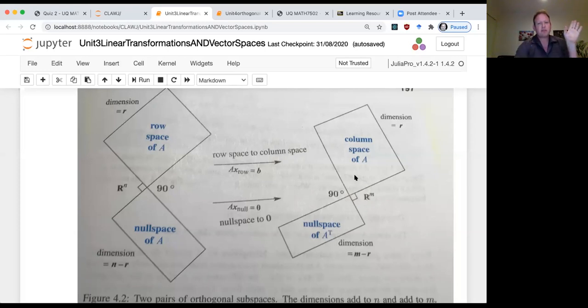But are these two sets really disjoint? Are the column space of A and the null space of A transpose disjoint in the set theory notion of things? Is there no vector that is in the column space of A and in the null space of A transpose? Can you find a vector that's in both?